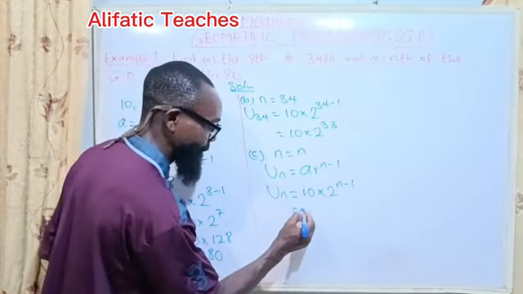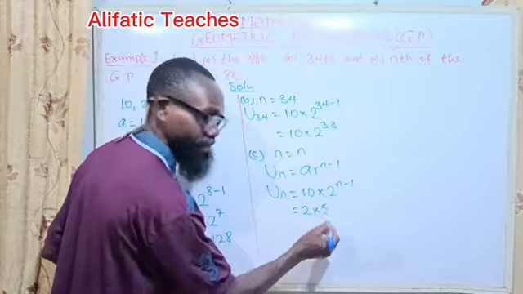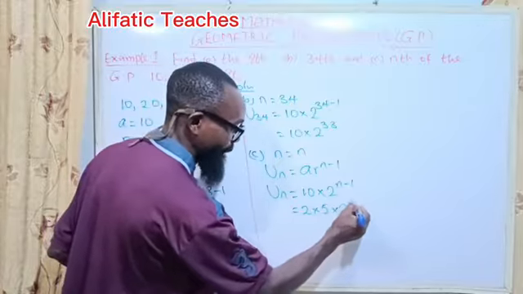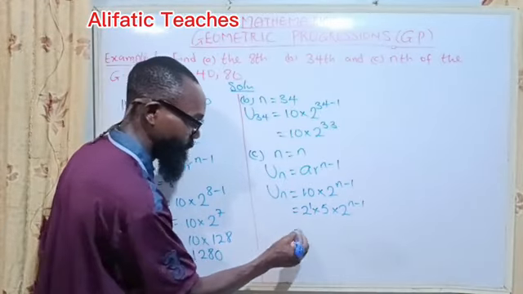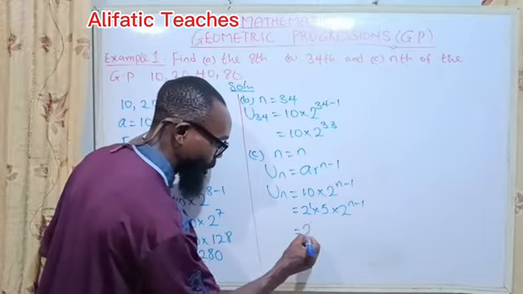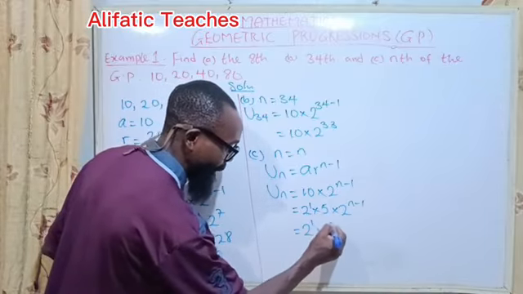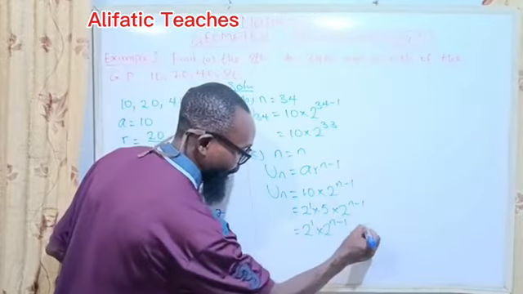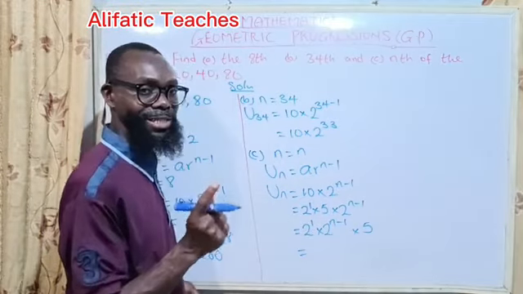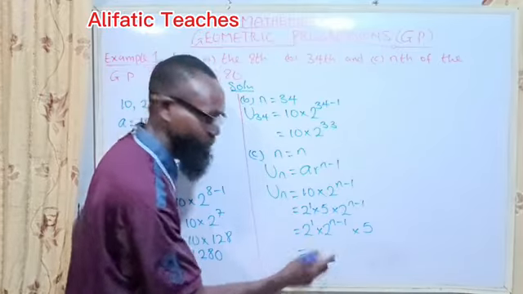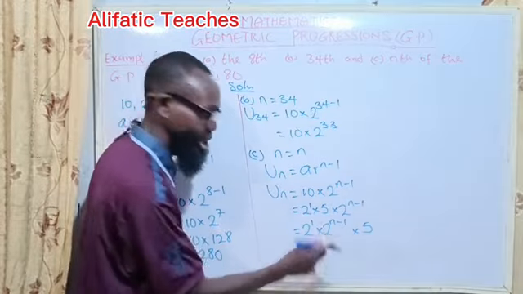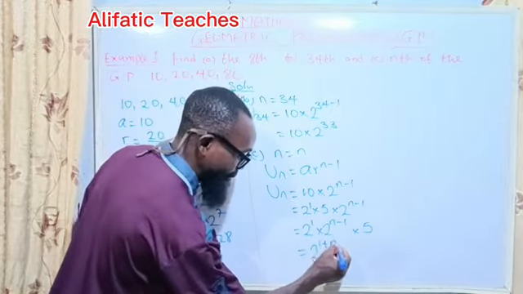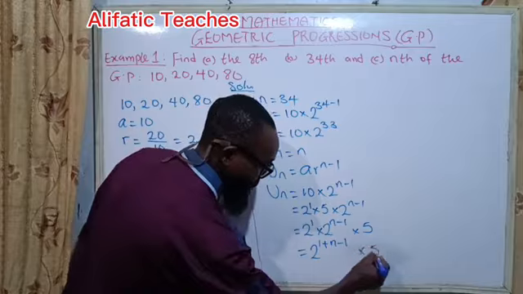This 10 can be written as 2 times 5, then times 2 raised to power n minus 1. And we know this 2 has a power of 1. So let's take this and this together: 2 raised to power 1 times 2 raised to power n minus 1, times 5. According to what we learned in our indices, I have 2 raised to power 1, then this multiplication turns to addition, plus n minus 1, times 5.